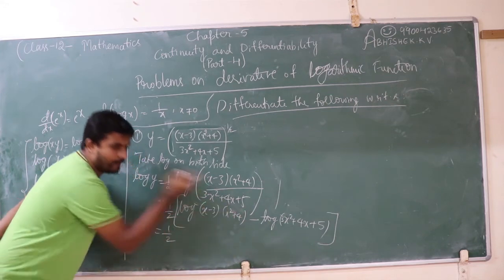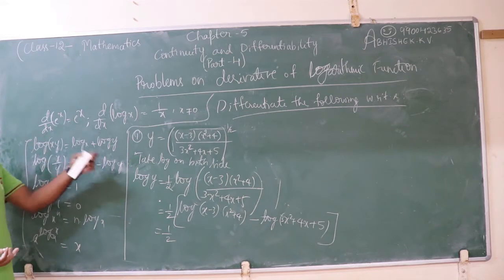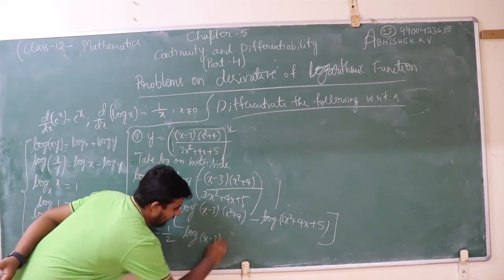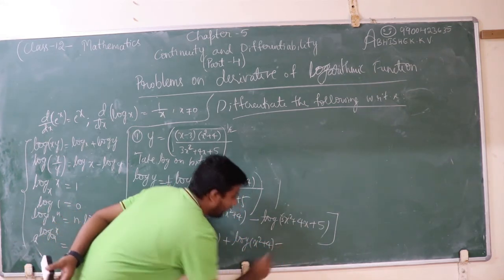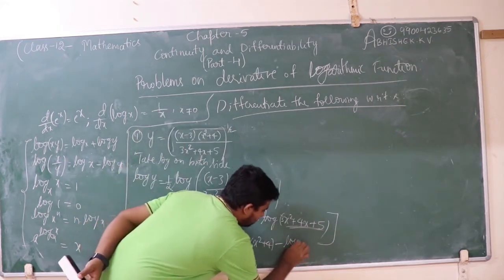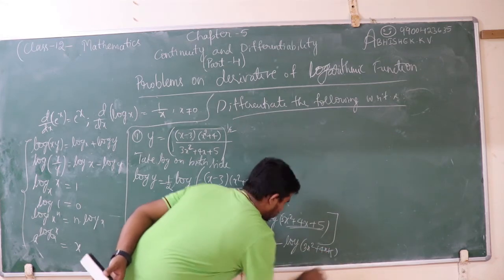Log of AB again reduces: we know log AB is equal to log A plus log B. Therefore, log A plus log B minus, it is the whole polynomial function. So, let us write the same polynomial function 3x square plus 4x plus 5.